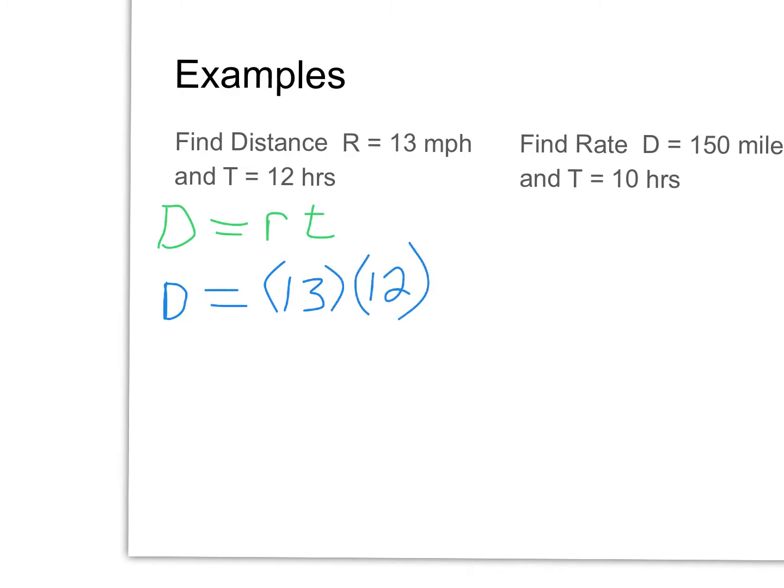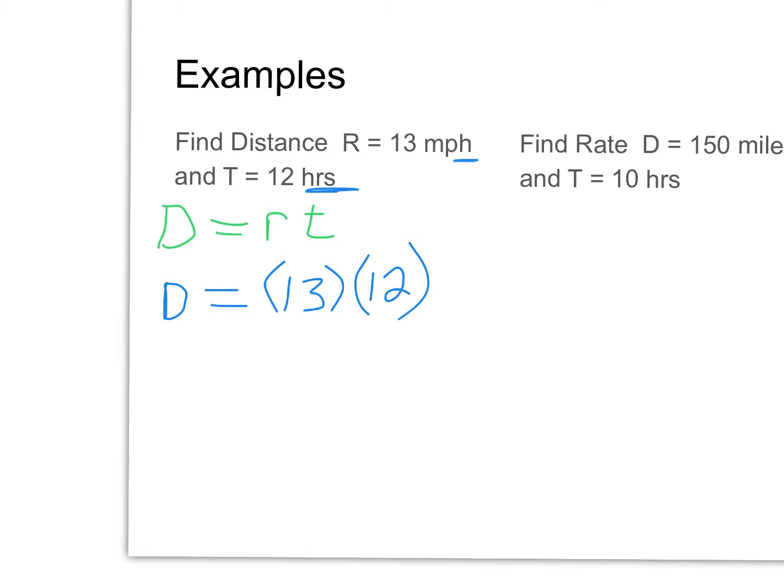Now, one big thing you have to be careful of is you need to make sure that your units of time match. So, for instance, miles per hour means that our time units have to be in hours. And I will show you what happens when that doesn't occur so you can be prepared for that in the next slide. All right, so now let's go back to our problem and finish solving this.